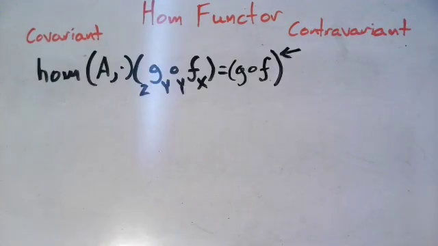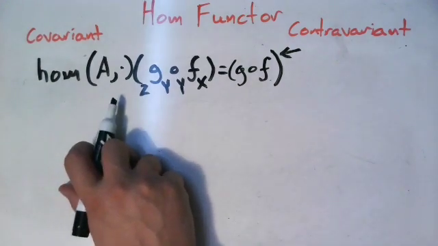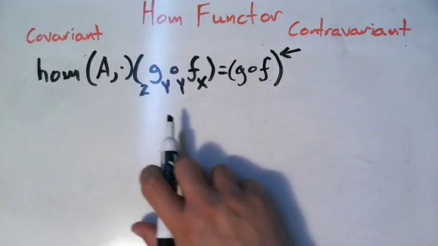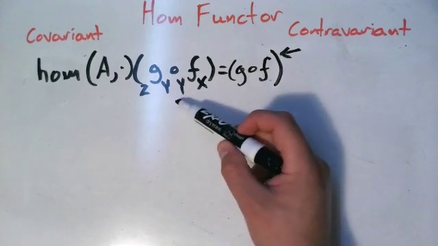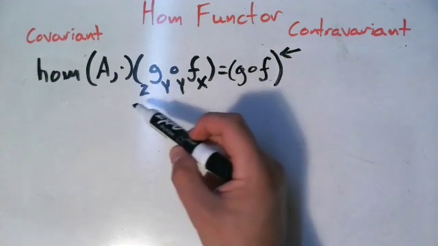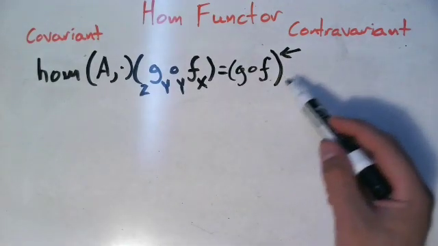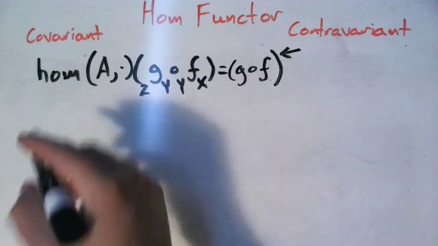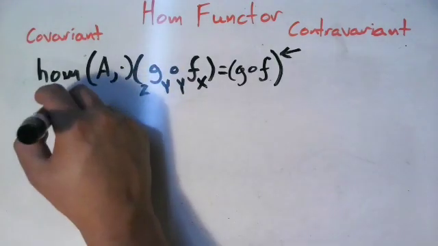Next, we'll need to show that these hom functors satisfy preservation of composition. So in the covariant case, if we apply hom(A, -) to the composition of G and F, where F goes from X to Y and G goes from Y to Z, then we get G after F with a follow by, the definition of the covariant hom functor.